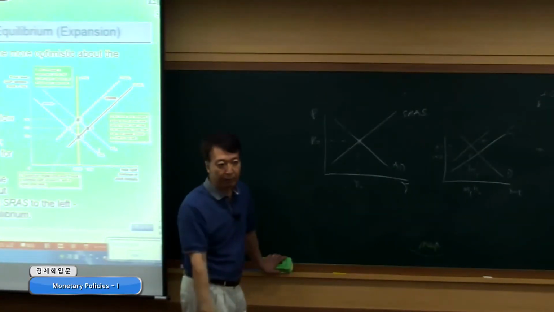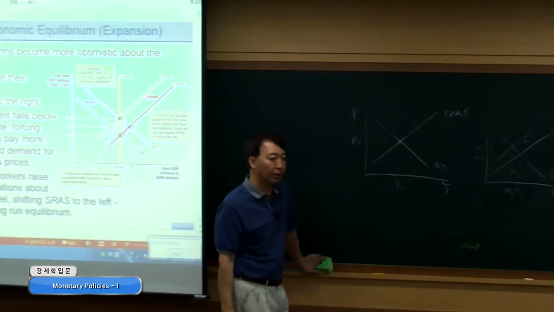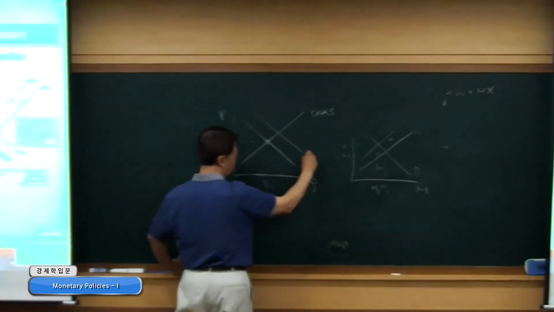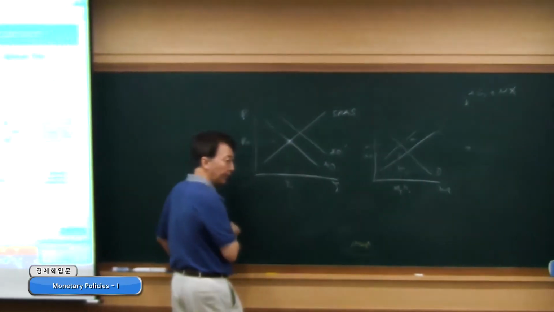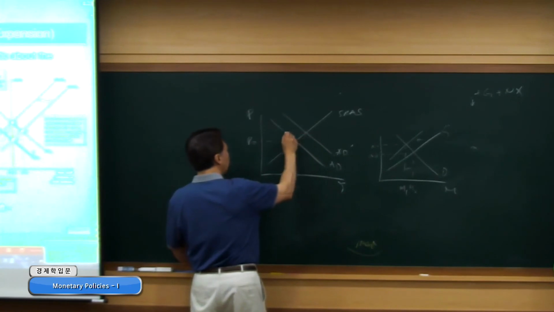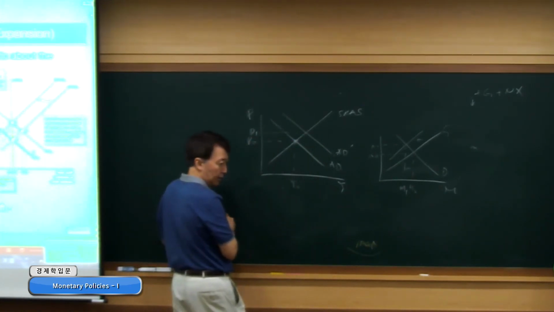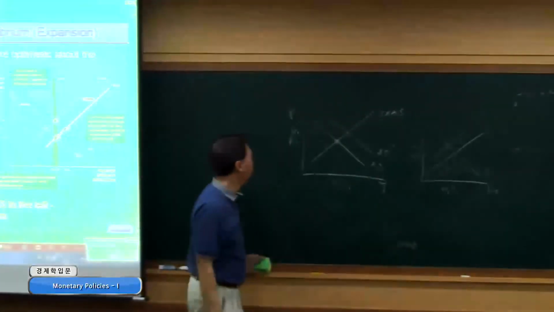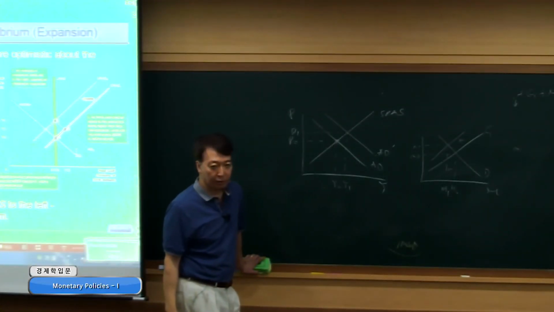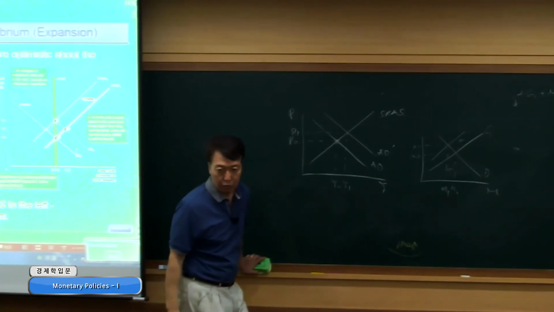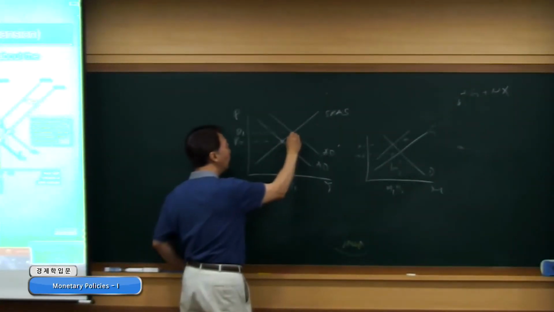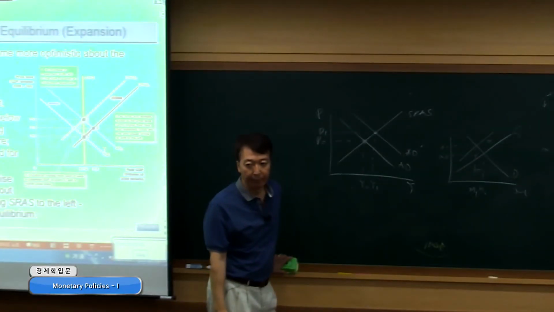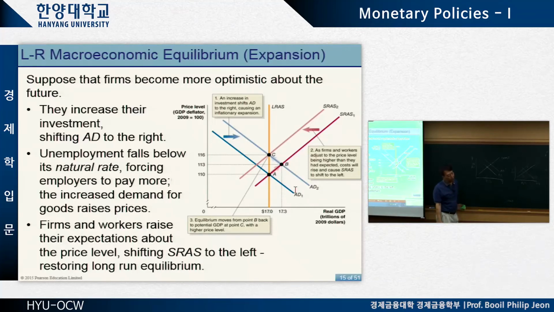In this case, the companies felt optimistic, so they increase the investment, so aggregate demand shifts to the right. Then, of course, the price level would rise, and the output and income and employment will all increase. So the economy will move to that new equilibrium. But pretty soon, what's going to happen?